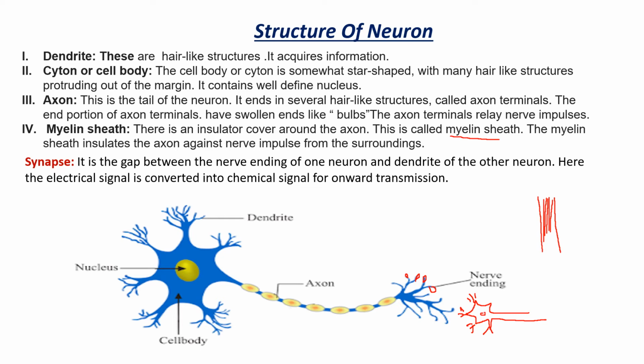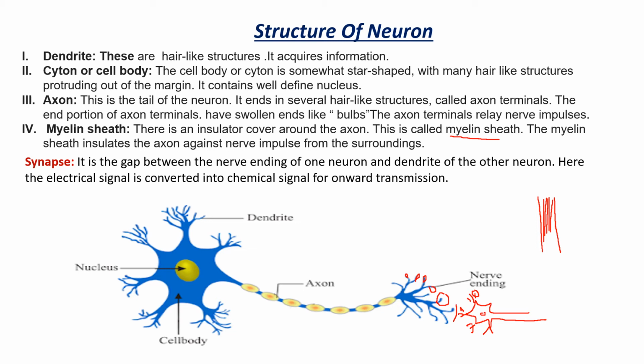So there is a gap. Can you see the gap? This gap is nothing but a synapse. It is between the nerve ending of one neuron and the dendrite of another neuron.